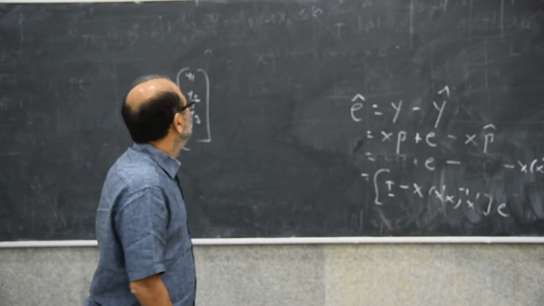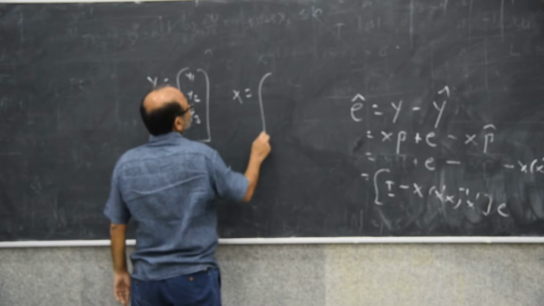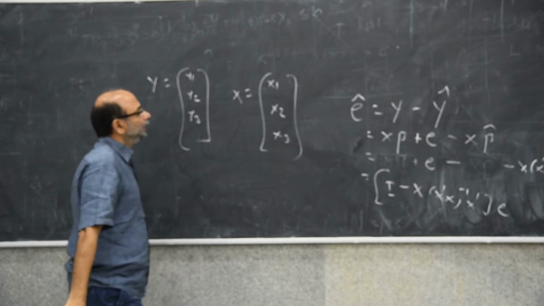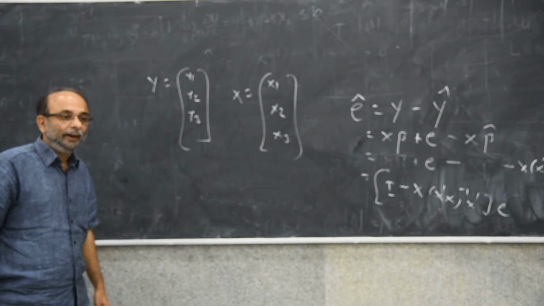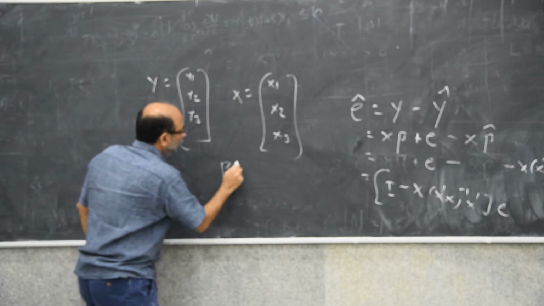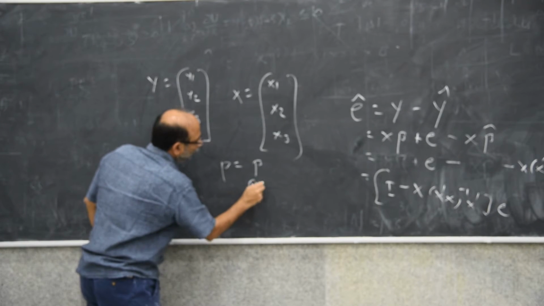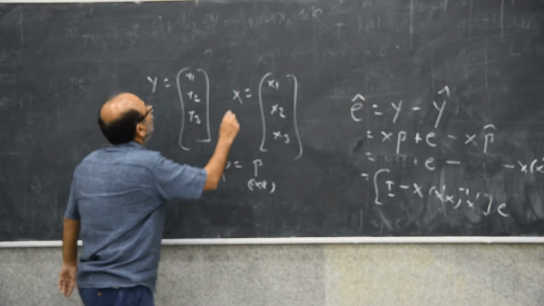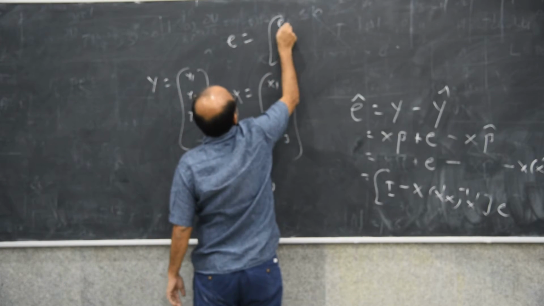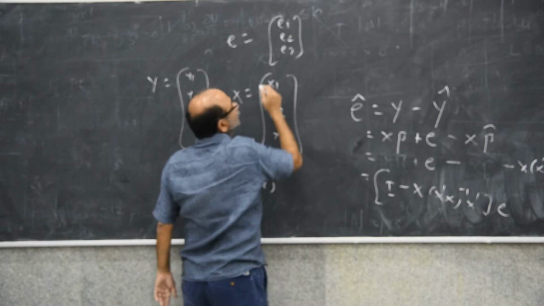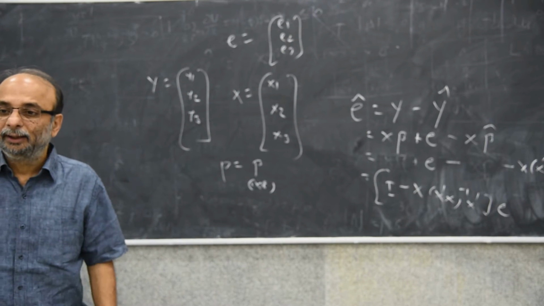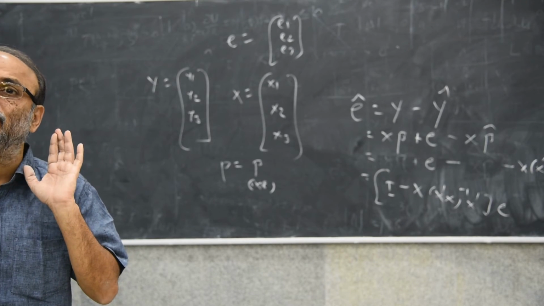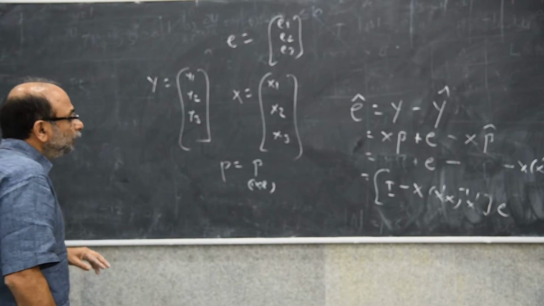Let x be x1, x2, x3, let beta be just beta, a 1 cross 1, and let e be e1, e2, e3. A very simple model.